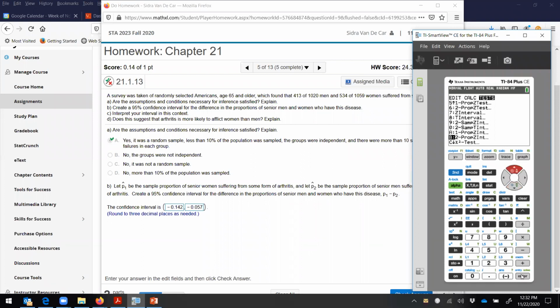Two proportion z interval. 413 out of 1020, 534 out of 1059, and it's 95% confidence for the difference in senior men and women who have this disease.